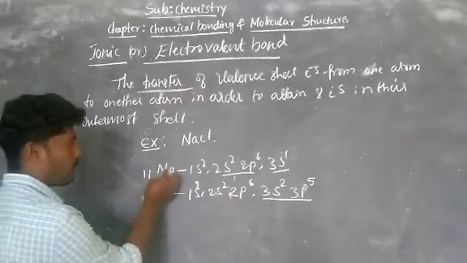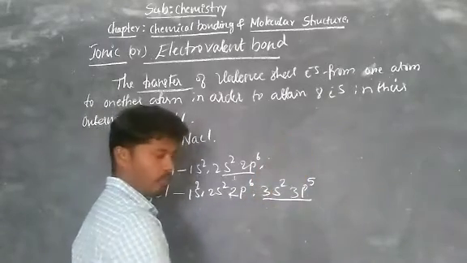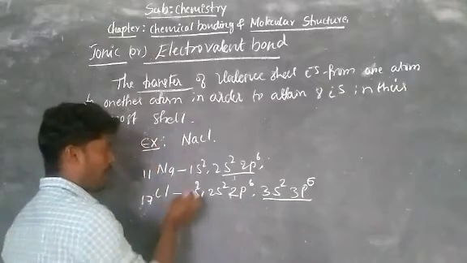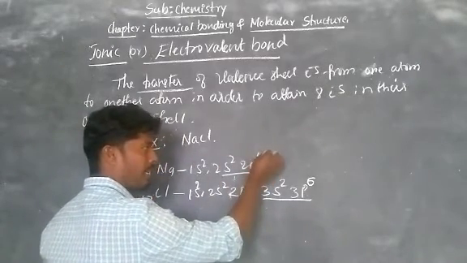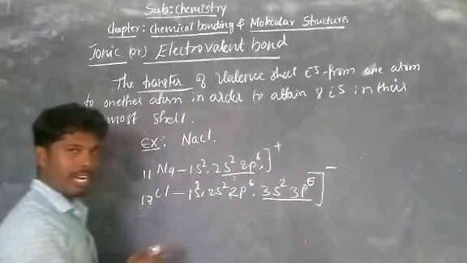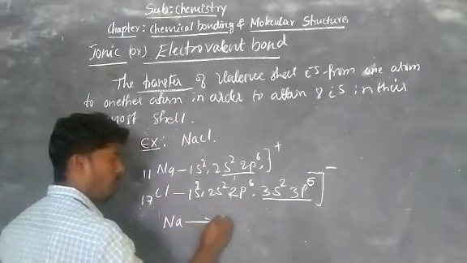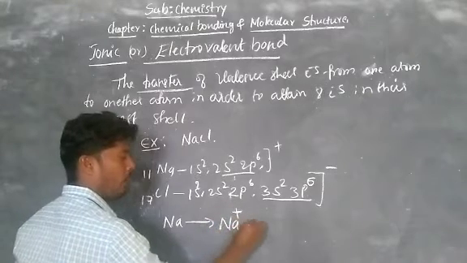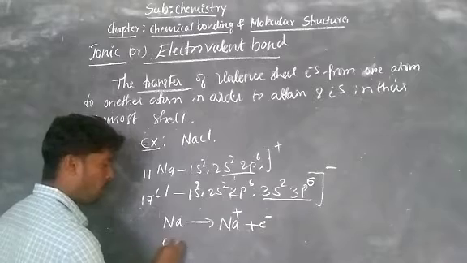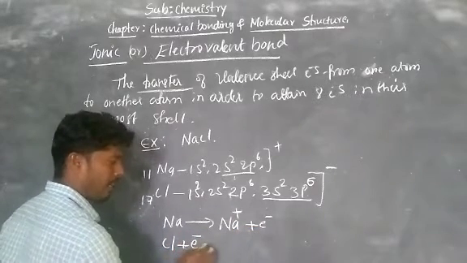See, this sodium has 1 electron, and this electron is transferred to the chlorine, so here 5 becomes 6, and here 1 electron is lost, so it carries a positive charge. After gaining 1 electron, chlorine carries a negative charge. The sodium becomes a sodium ion by losing 1 electron, and the chlorine becomes a chloride ion by gaining 1 electron from sodium.